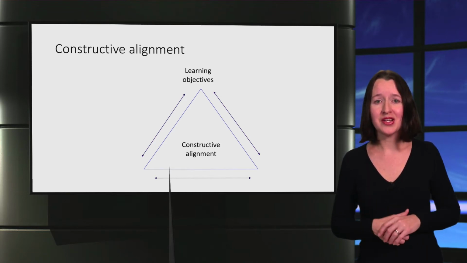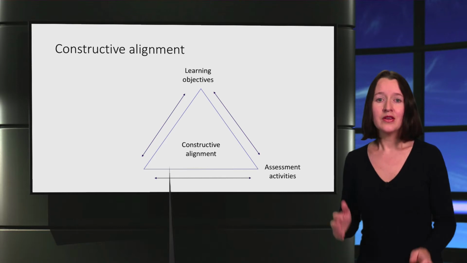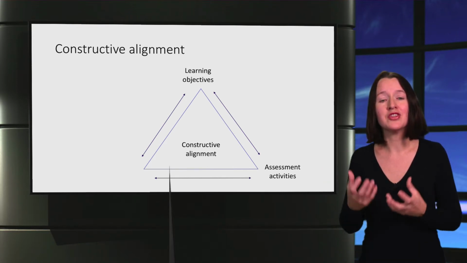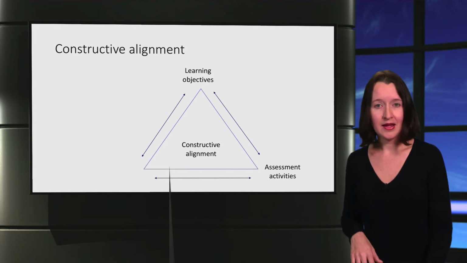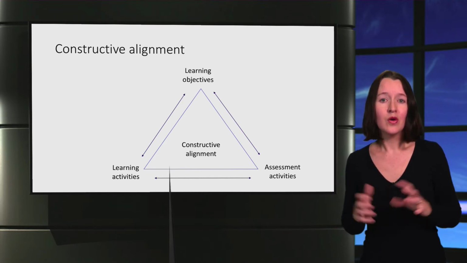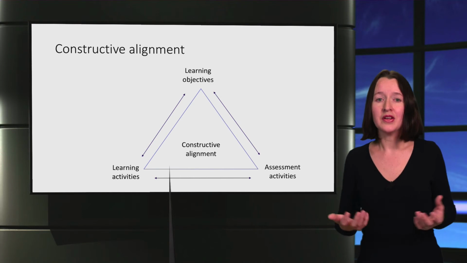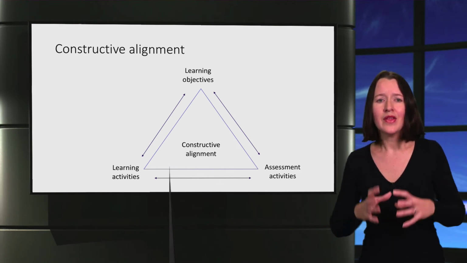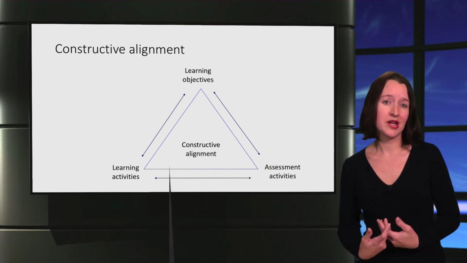And after establishing those, you need to align them with your assessment activities, or the ways you test how the individual students have achieved the learning objectives, and with the learning activities, or the resources that are used. This is an effective collection of videos, lectures, and readings that help the students to achieve the learning objectives.